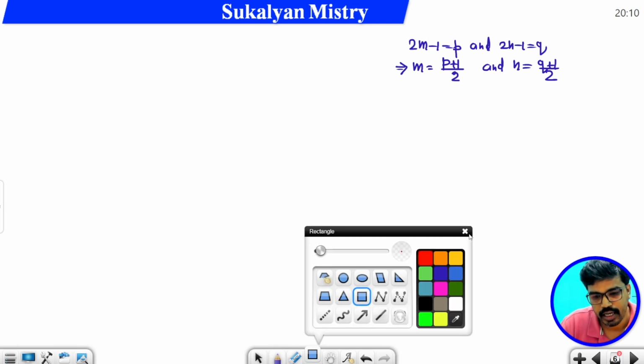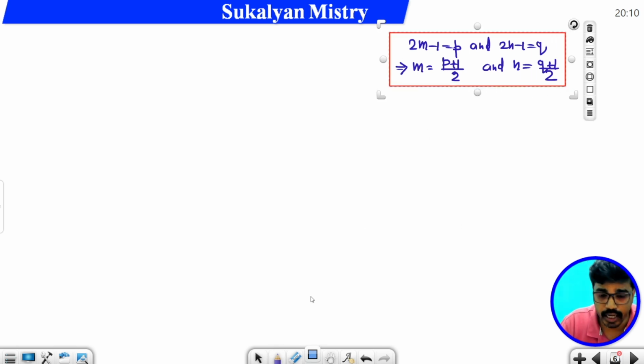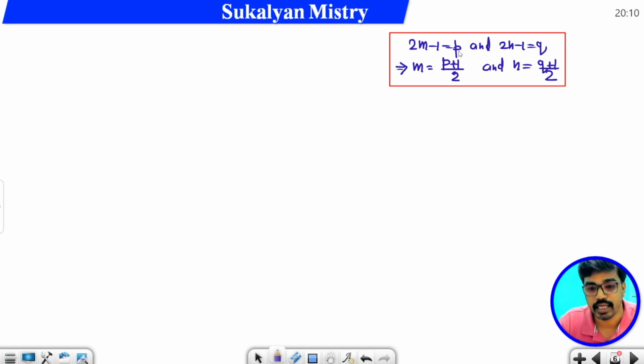Just solving this, you get the values of m and n, and then put them in.